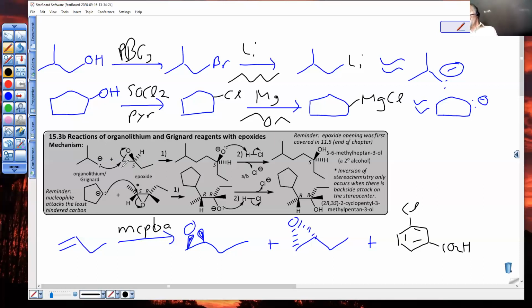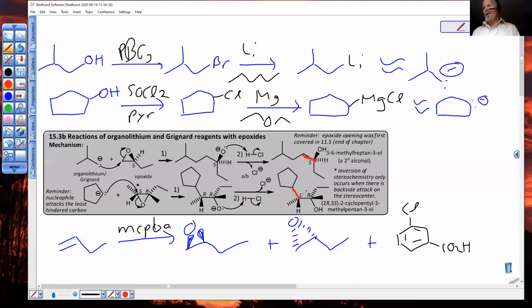You must first react your organolithium and then treat the product with HCl to get your required alcohol. So yes, we have another synthetic tool. A little reminder, the new bond we have here is this bond right here. And in the other molecule's reaction, we have this new bond here.